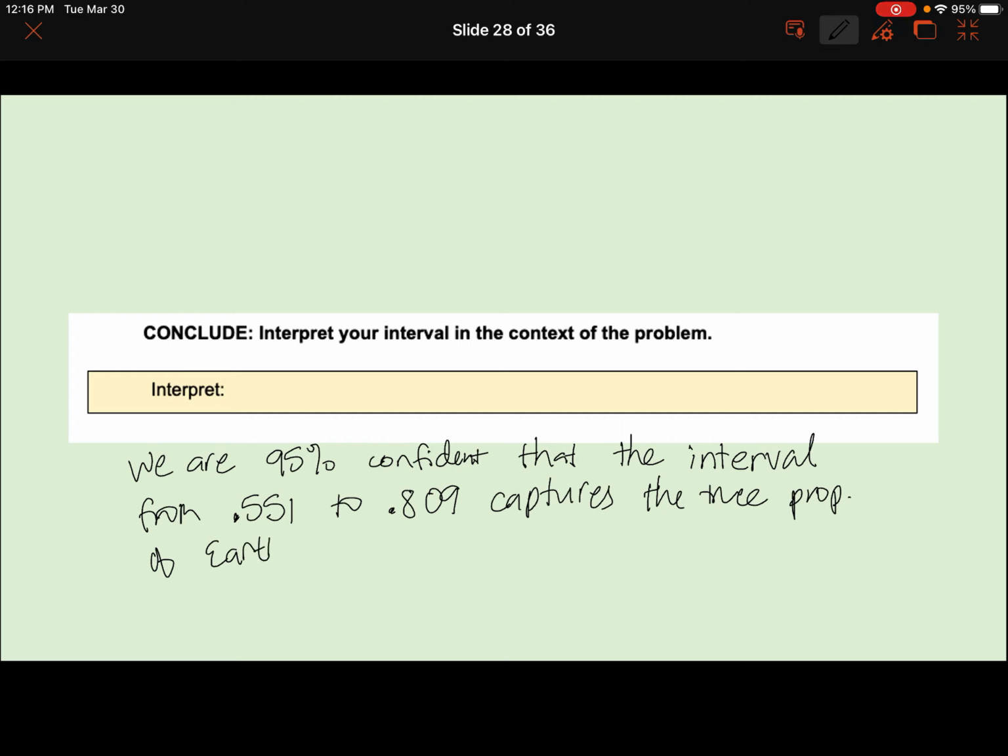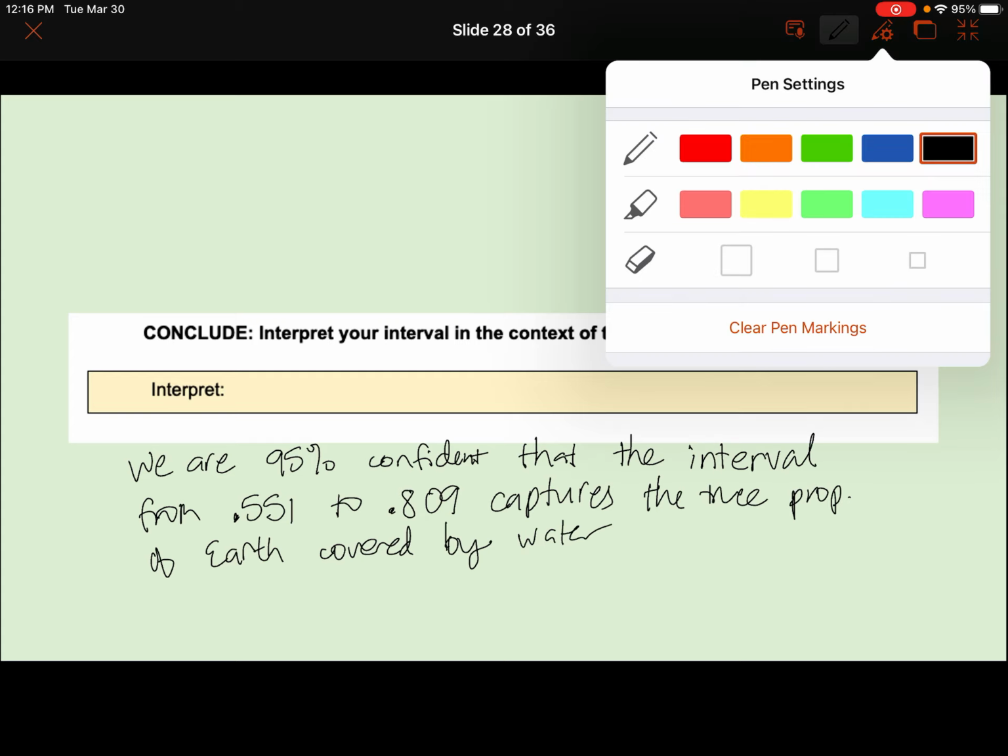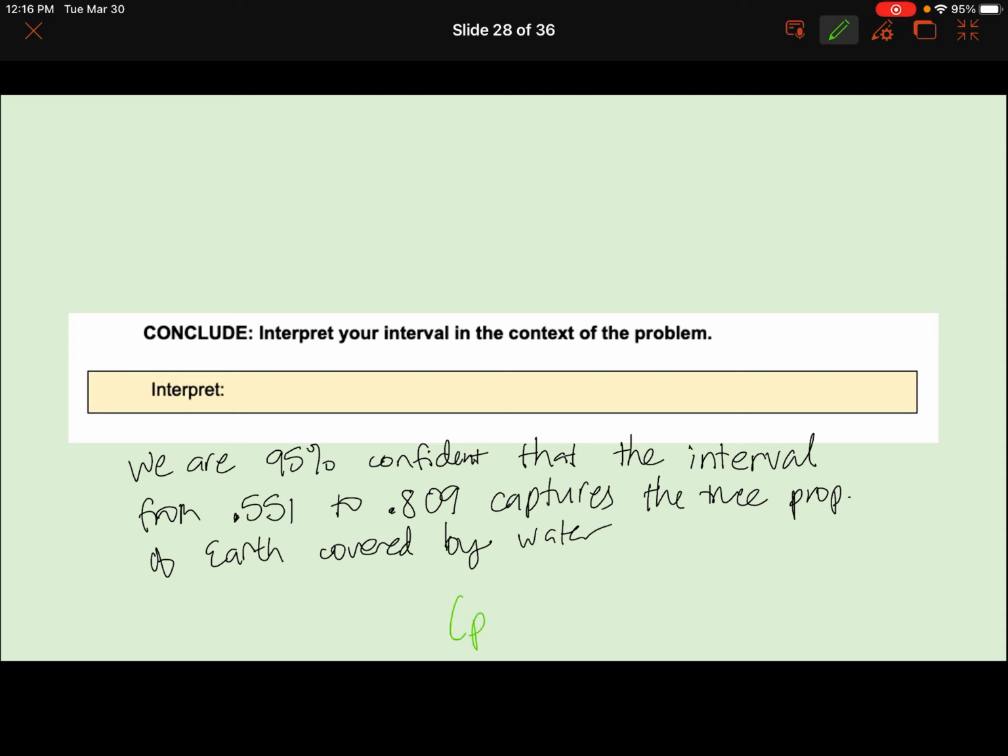And some of you probably know this, like I said, or you looked it up for your own curiosity's sake. The true value for p would be about 71%, which fits right in there. So we weren't wrong, right? Our true value is within that interval.